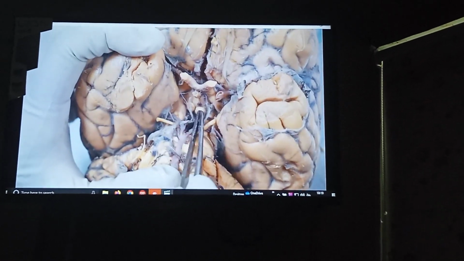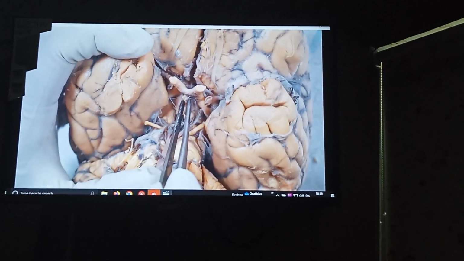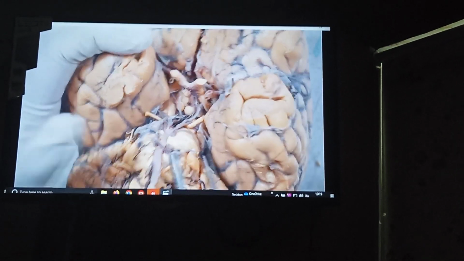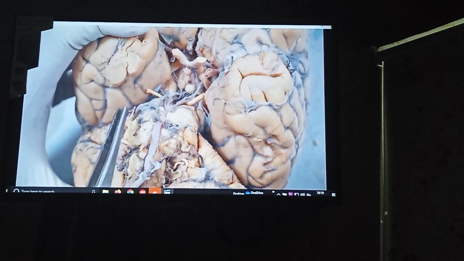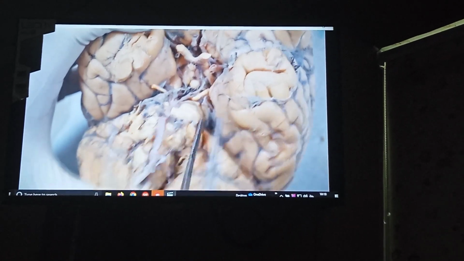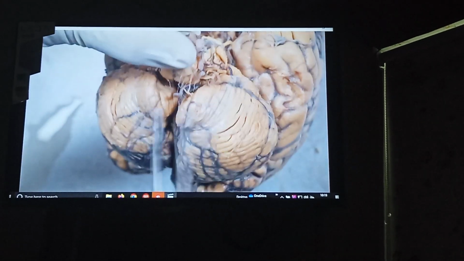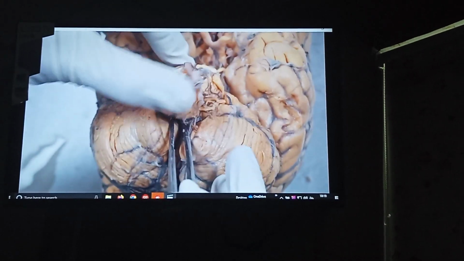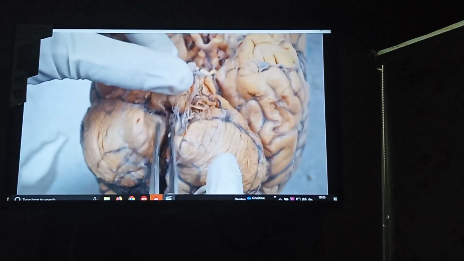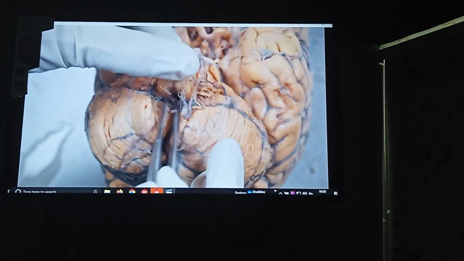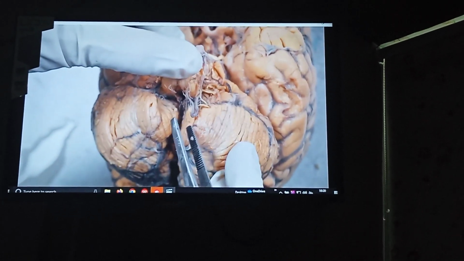Within this you can see the two mammillary bodies, and this is the stalk of the pituitary. The cistern that covers the basis pontis is the pontine cistern, and the cistern that surrounds the medulla is the cisterna magna. And now I have lifted up the medulla for you to be able to see the opening of the fourth ventricular cavity.